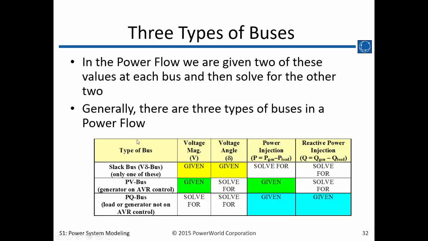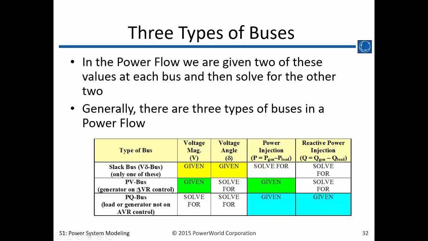At every bus we know 2 of the 4 values, and we're calculating the other 2. What we call a slack bus, of which there's typically only one in each electrical island, has the voltage magnitude and angle provided. So they are constant, or should be constant, and we solve at that bus for the P and Q injection.